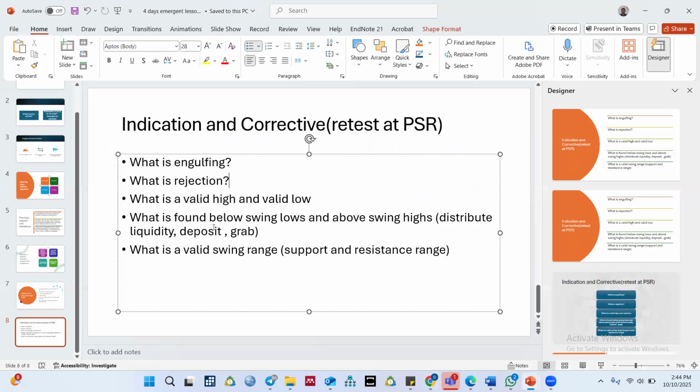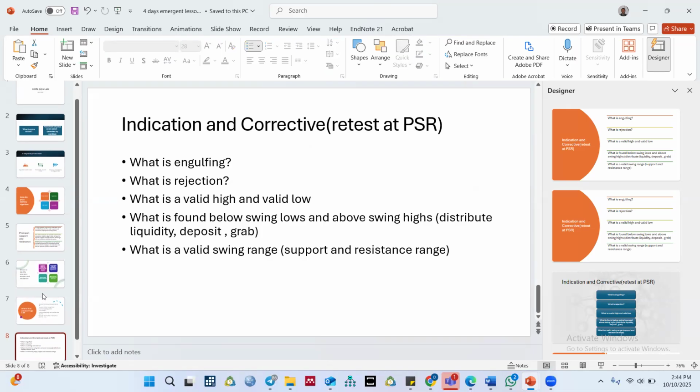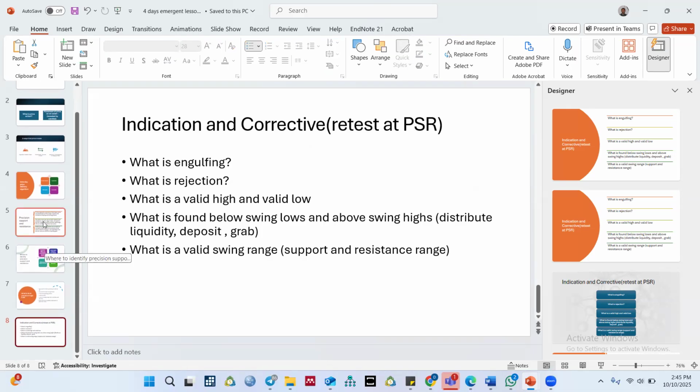So now we have explained what rejection is and what engulfing is. We want to understand what is a valid high and a valid low, what is found below swing lows and above swing highs, and then what is a valid swing range. These things are very important as we are framing a setup around a precision support resistance line.